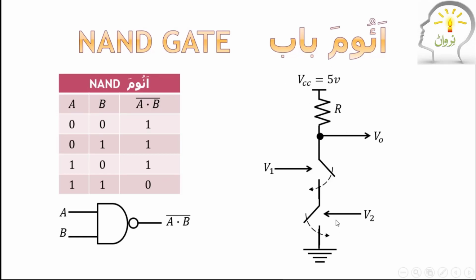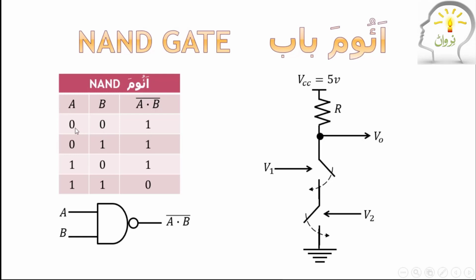If at least one of them, or if both are open, then also the resistance is infinite. See, the two switches are in series. If any one of them is open or both are open, resistance will be infinite and output will be high.